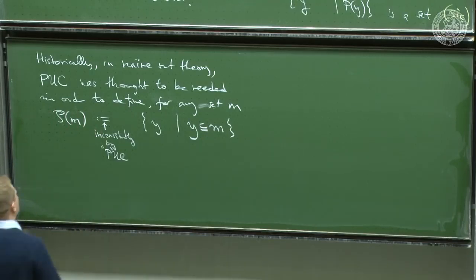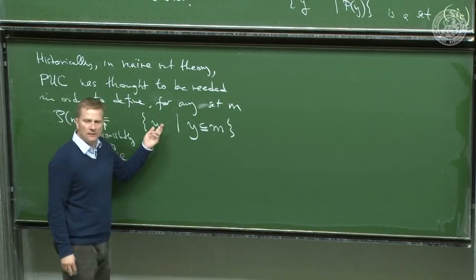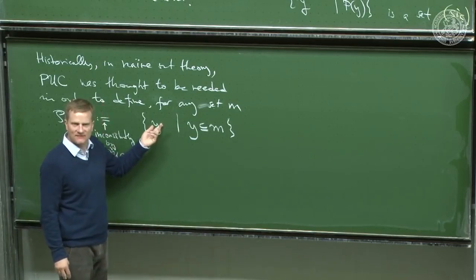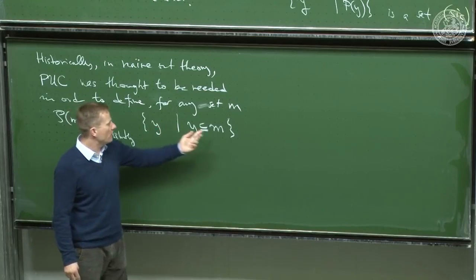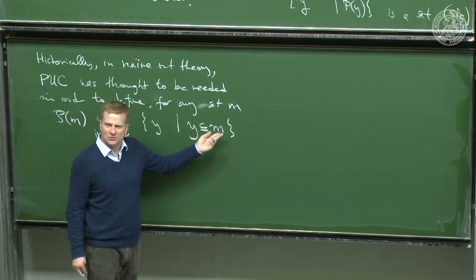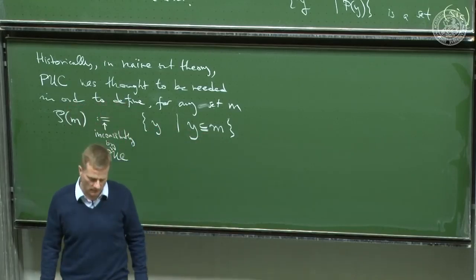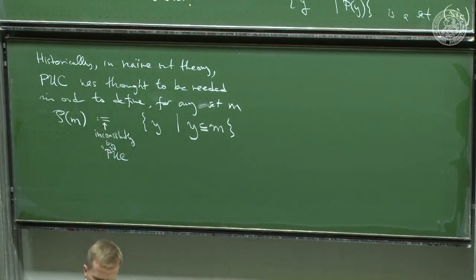But we cannot tell which bigger set these subsets come from if we're only given the set M. So to an extent, what you want to do in set theory, it's a very deep thing in set theory, is you want to repeatedly apply power sets. You take the power set of the power set of the power set of some other sets. We'll come back to this. And this way, you go through the entire universe of sets, if you wish.